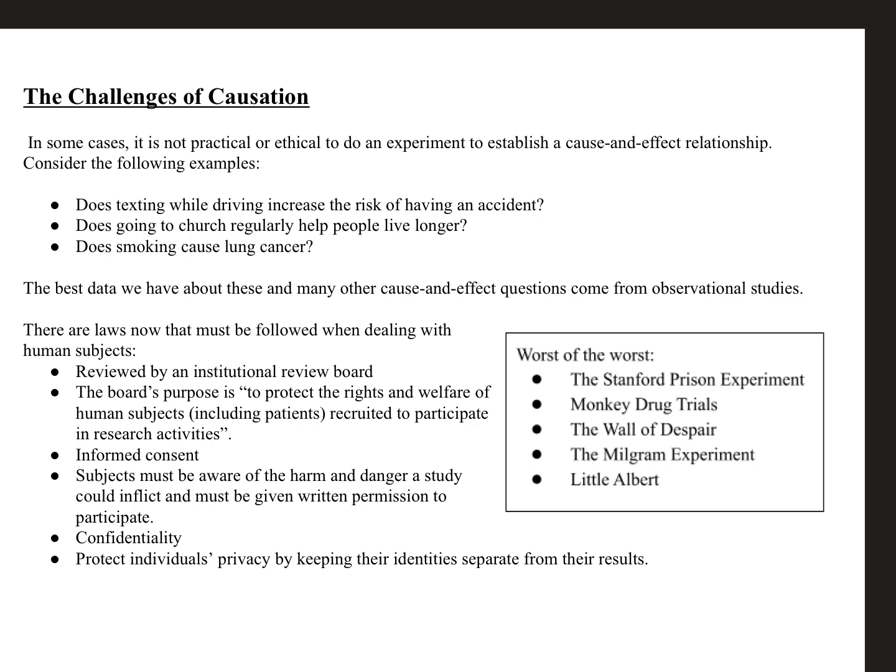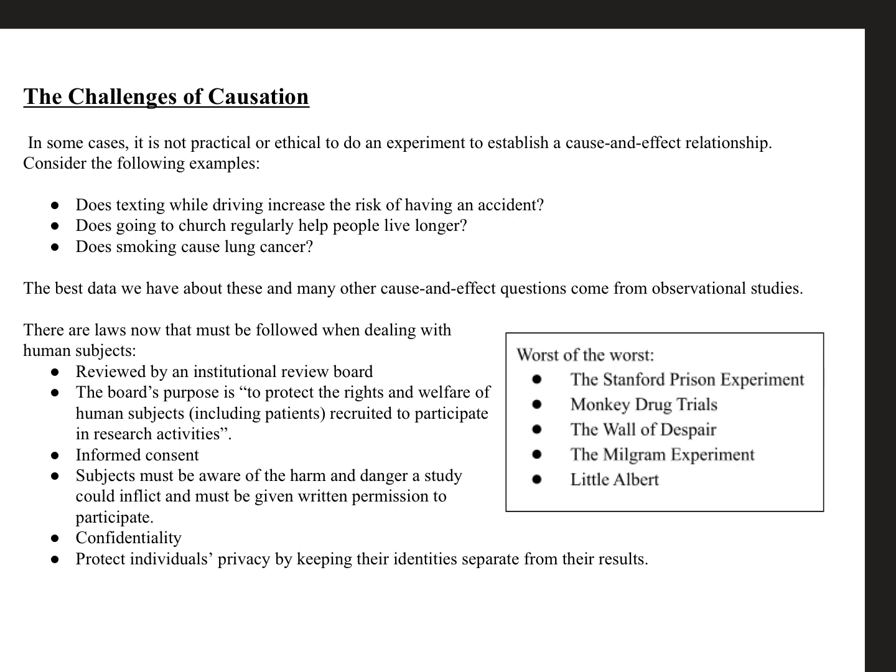A couple of things. Because these weren't regulated when institutions started doing experiments, they now have laws that you have to follow if you're going to be using human subjects. Animals, not as strict. And obviously if you're using food or something like that, there's really not as many regulations.